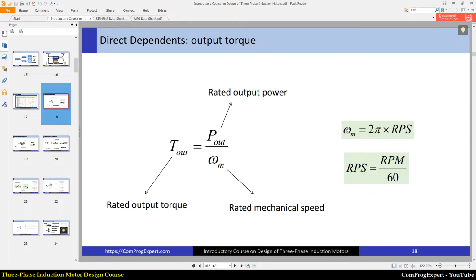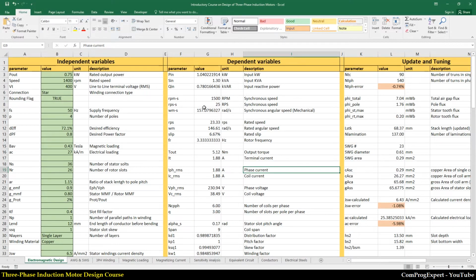The rated mechanical speed, angular speed, is equal to 2 times pi times RPS. RPS is revolutions per second, that is equal to revolutions per minute divided by 60. So I implemented this equation here. This is the RPS, RPM divided by 60.